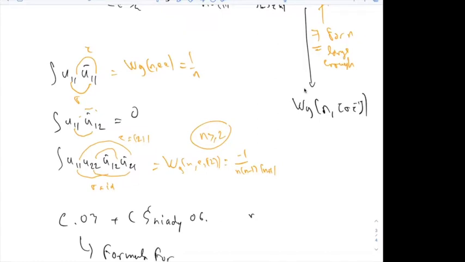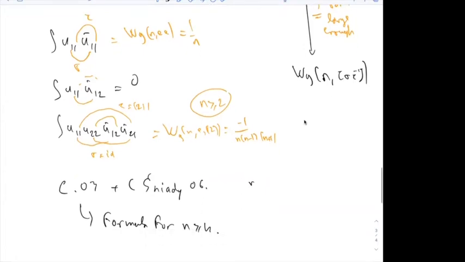for n bigger or equal than k. So not n large enough, and I got some actual formula for the Weingarten function.